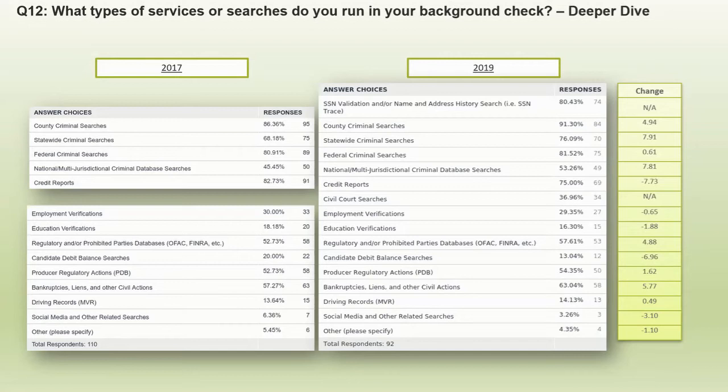You can see the percentage point change there. Candidate debit balances has, at least in this respondent population, decreased, but it jumps up and down every single year, so I think it's just a matter of the respondents. Generally speaking, that's still a common product being used within the process.